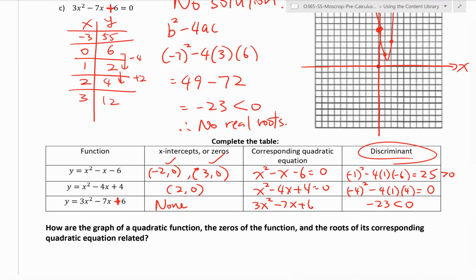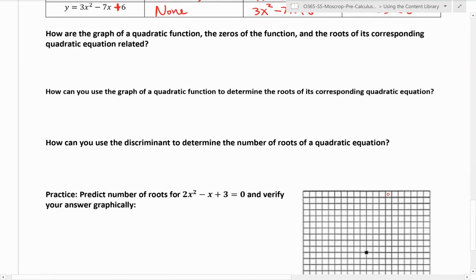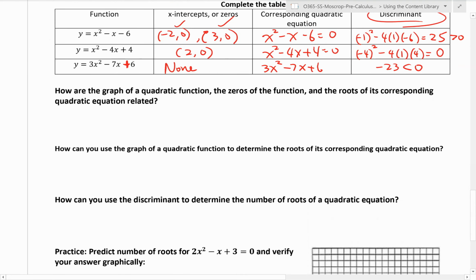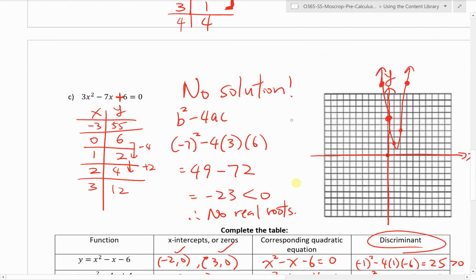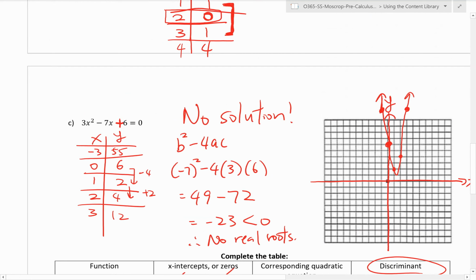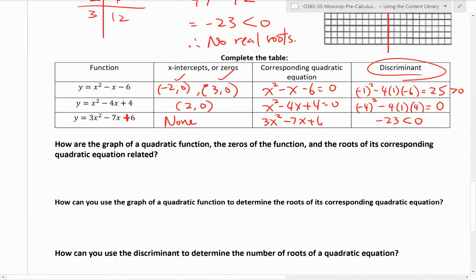Therefore, there's no x-intercepts. Therefore, there's no solution. Okay, so that's basically it. Solving quadratic equation by graphing, basically you just graph the quadratic function and look for the x-intercept. And you can quickly tell how many solutions there are by looking at its discriminant.